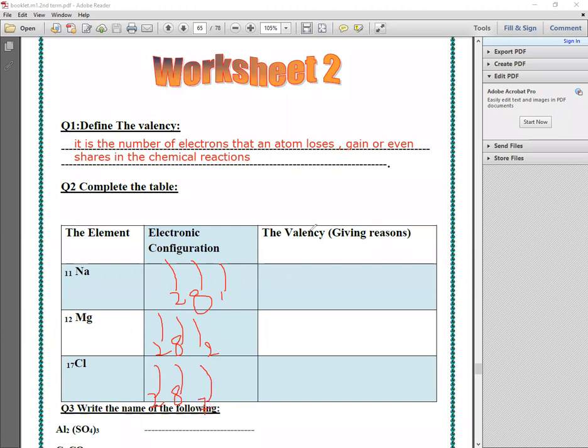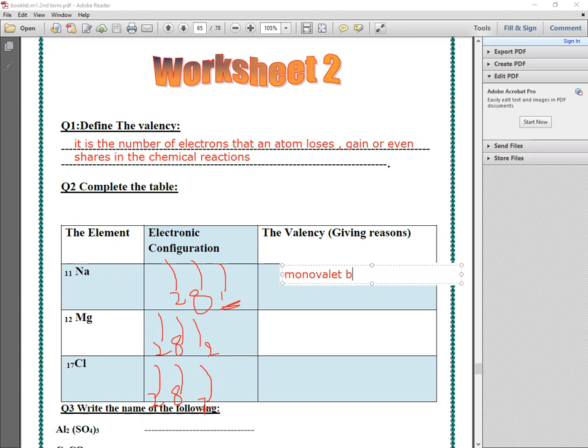Then he needs the valency and also the reasons. What is the valency of the sodium? The outermost energy level of sodium contains 1 electron, so it tends to lose the 1 electron. So its valency is monovalent. Why monovalent?